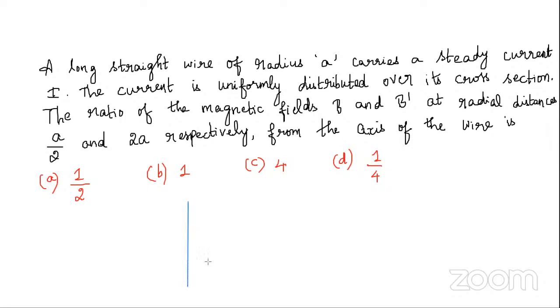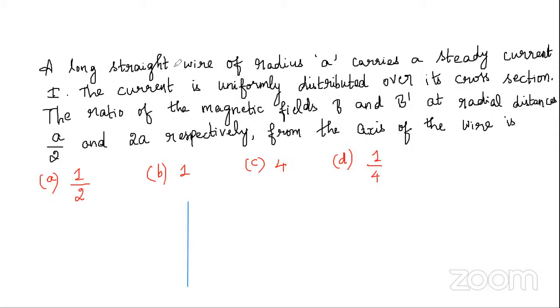For finding the magnetic field, we should imagine Amperian loops. They have asked us to find the magnetic fields at radial distances A by 2 and 2A respectively, so we should imagine Amperian loops with radius A by 2 and 2A. Then we have to calculate the magnetic field.